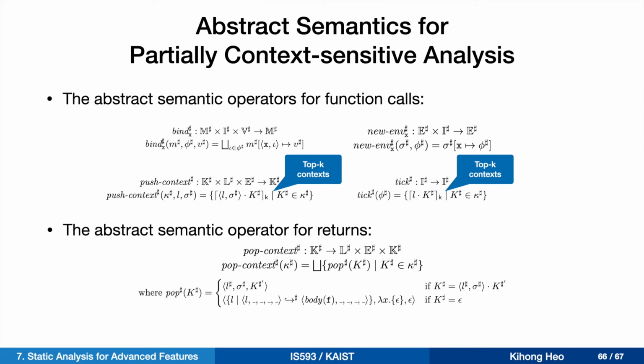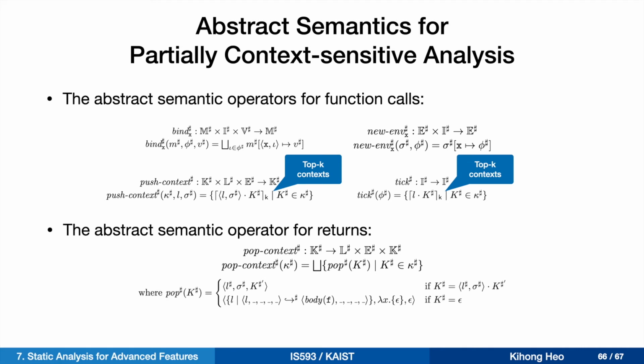It may be empty because we always limit the length of context to k, right? So sometimes the execution has deep nested function calls, say k plus 1 nested function calls, and then returns from the topmost k function.